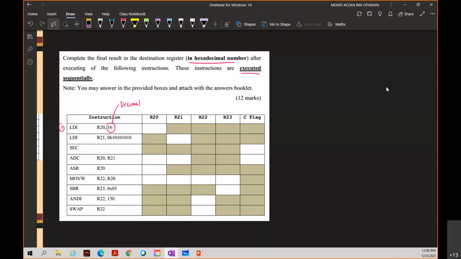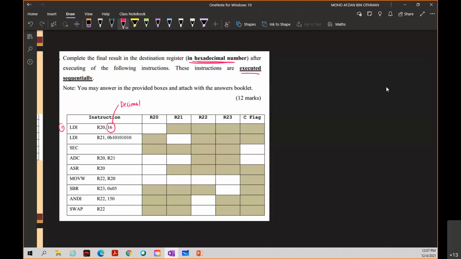Since this is a decimal number, you need to change 16 decimal to hexadecimal. Why? Because the destination register value must be in hexadecimal. Even if you put 16 here, the answer will be wrong, because this must be in hexadecimal.